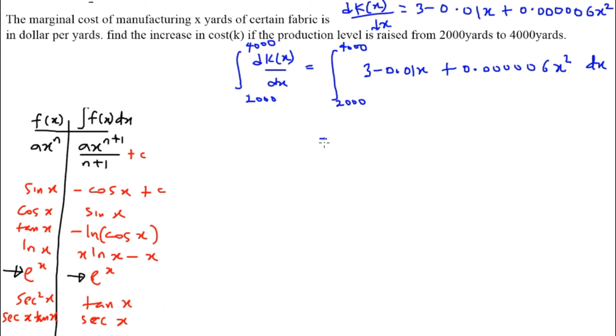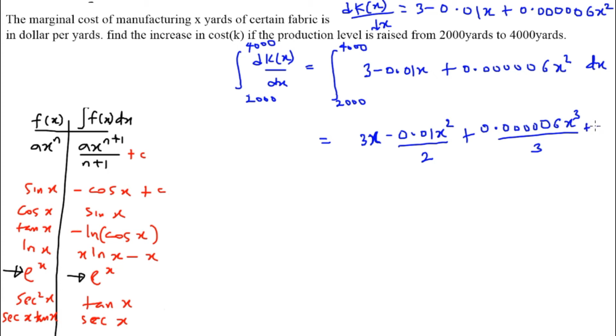So the integral, if I integrate 3, I should have 3x; minus, if I integrate 0.01x, I should have 0.01x squared upon 2, that is add 1 to the power and divide by the new power. So I will have 0.000000506, then x cubed over 3, and that will be plus c.